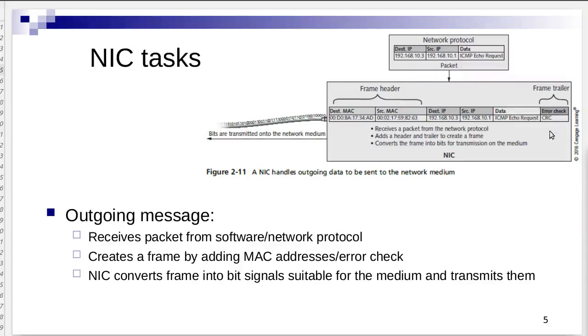So it constructs a frame with the destination MAC address. Source MAC address is the NIC's own MAC address. Puts the packet next, and then constructs a frame trailer, which is a code or a short representation of all of these bytes.